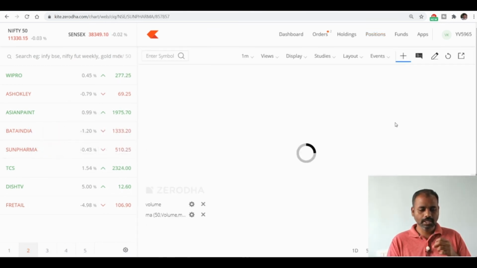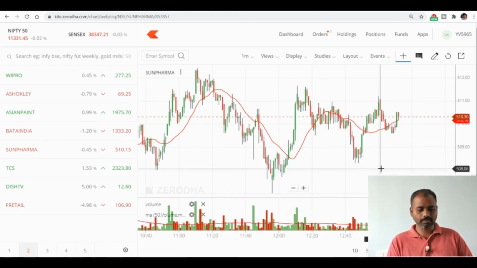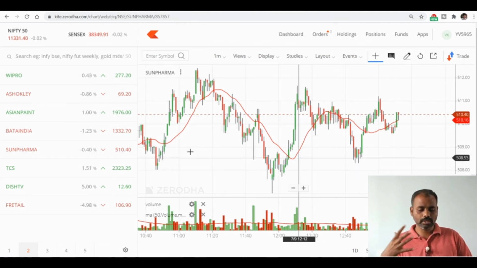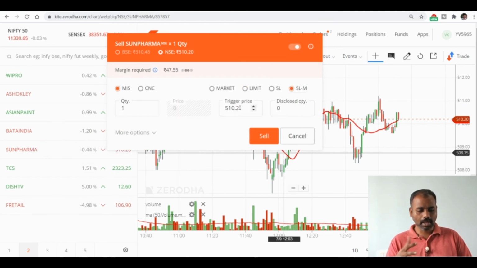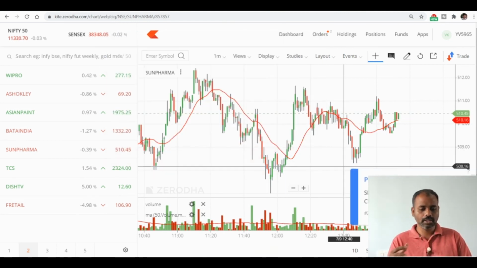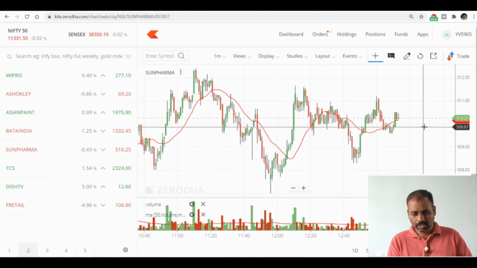I want to short the stock Sun Pharma below 510. Currently it is at 510. So I want to short at 507. I will choose SL and 507. If I do that, my order will be here immediately. If I try to place a limit, it will be auto executed somewhere here itself.